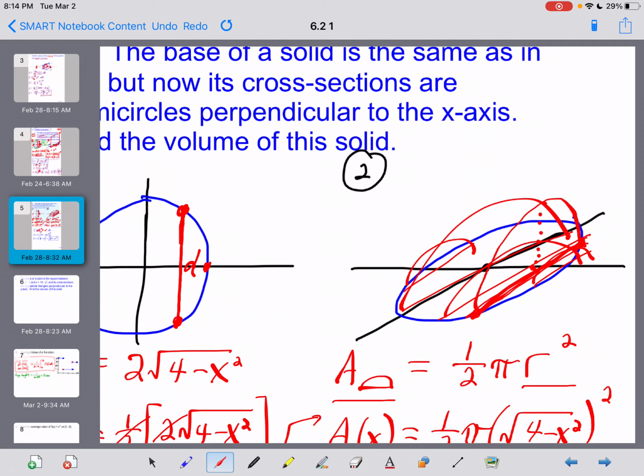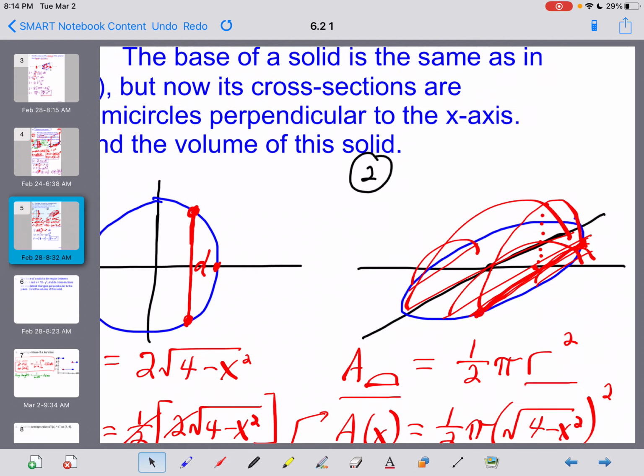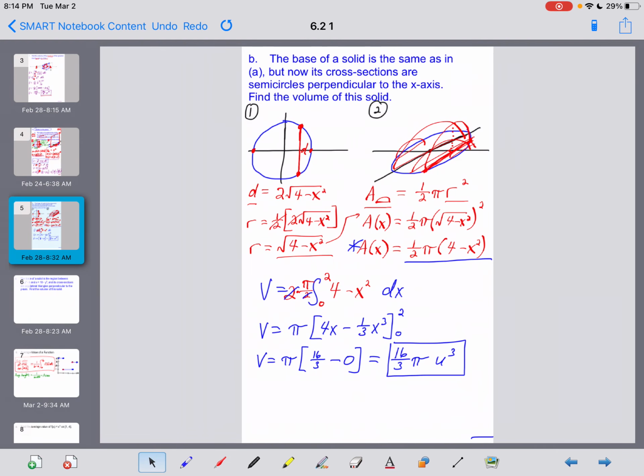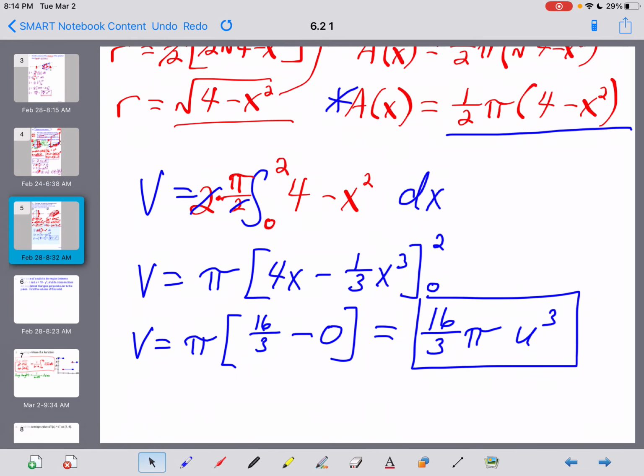This is actually kind of a dome shape, everybody. It's actually going to be a hemisphere. And we know, or at least we should know, how to find the volume of a hemisphere. So let's talk about that real quick.